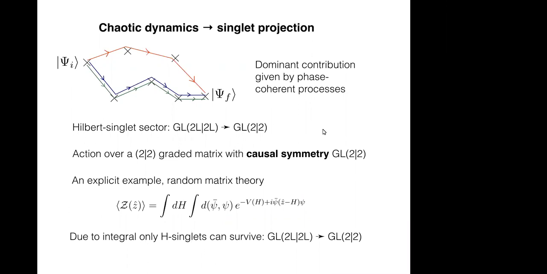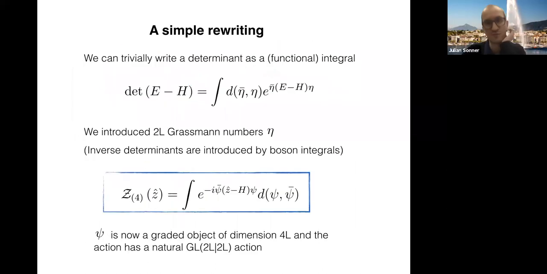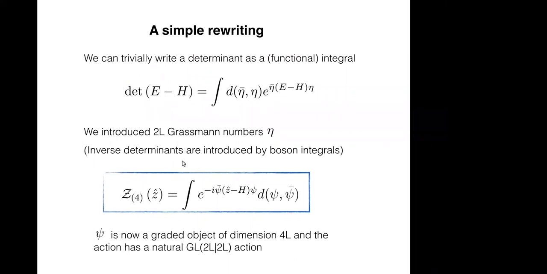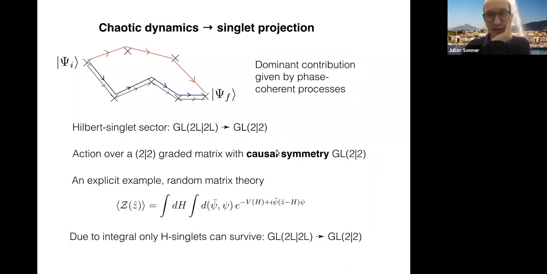But the action itself, you're saying, is invariant under the whole supergroup. No, the action is not invariant under the supergroup, actually. No, it is not, because H will break that. H will break it. Oh, okay. So then I didn't understand. So what is the supergroup acting? The supergroup under which the action will be invariant is this GL(2|2), which is the singlet sector on Hilbert space.